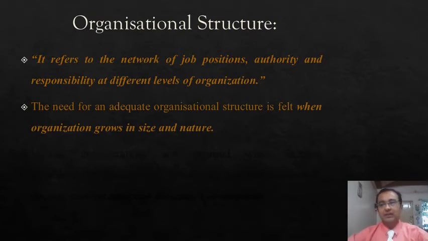If we take the example of our school, before we started the girls department separately, we had only one coordinator, one academic in charge, and a limited number of teachers in the boys school. But when we started the girls department, there was a need for one more academic in charge. There was a need for many new commerce teachers.